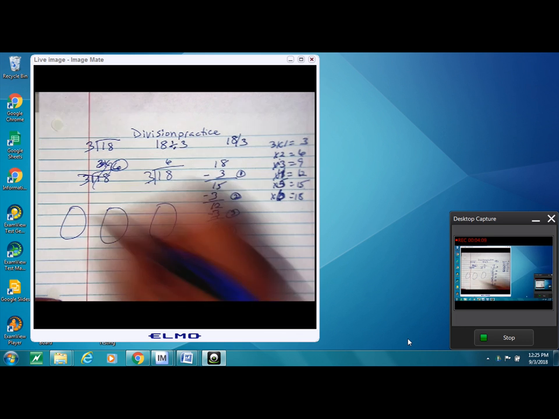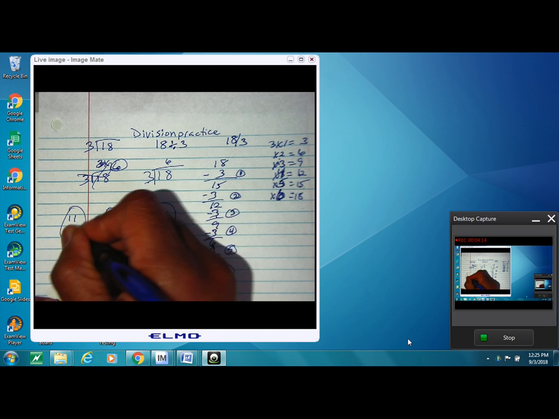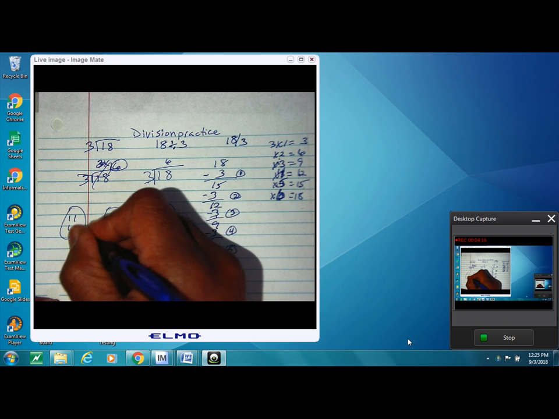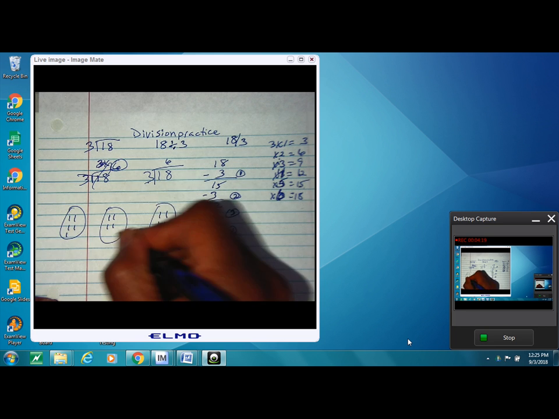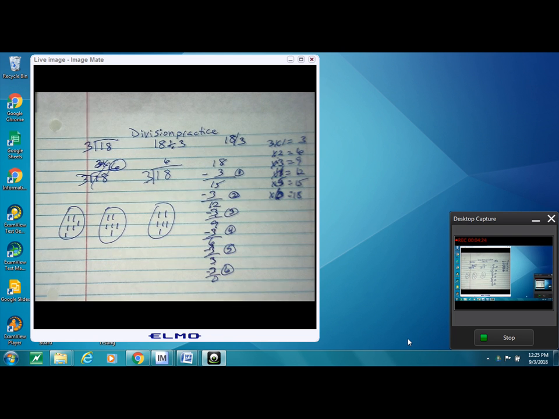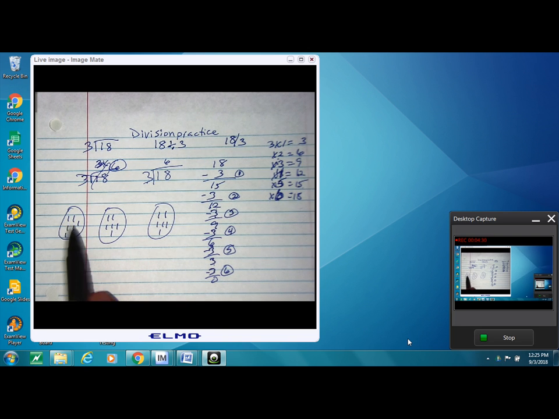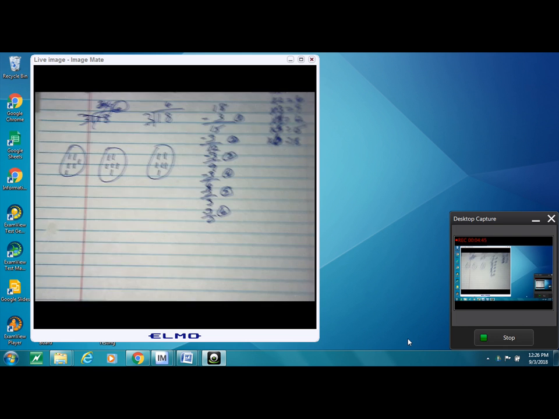And that looks like this. 1, 2, 3, up to 18. And now, how many did each group get? This one got 1, 2, 3, 4, 5, 6. This one got 6. This one got 6. So 18 divided by 3, yet again, I'm telling you, is 6.